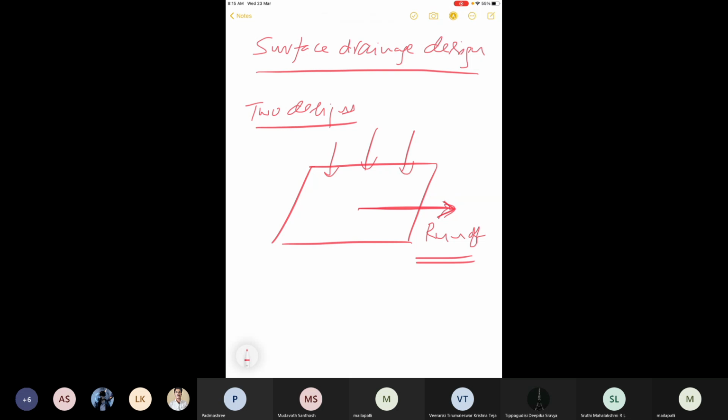Knowing the expected runoff, you are going to design a particular channel. That's why we have the two designs. The first design is the hydrologic design, and the second is hydraulic design. We will see one by one.